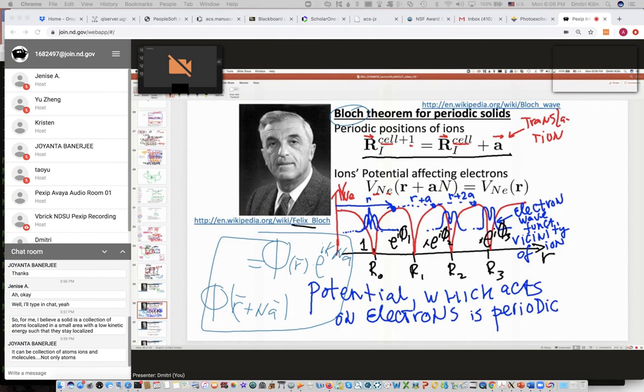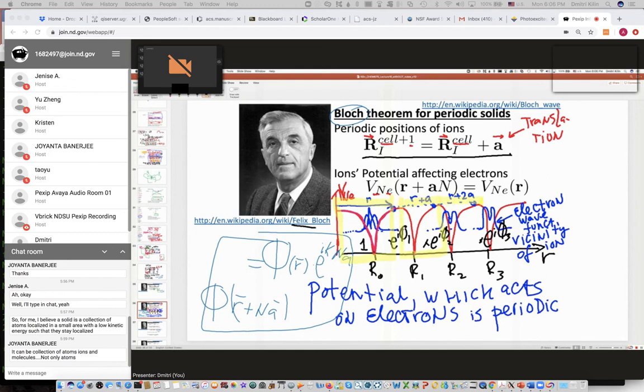When we have atoms, they attract electrons, and centered at the atoms we have attractive potentials. As we consider a different periodic cell, we have the same potential here, there, and there.